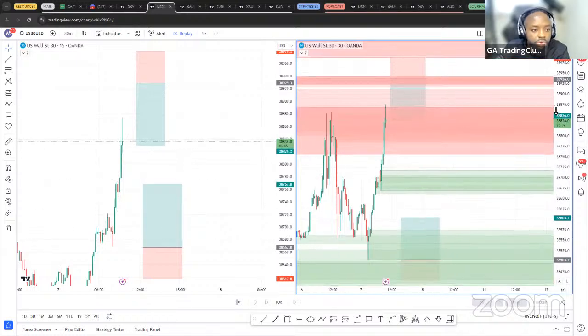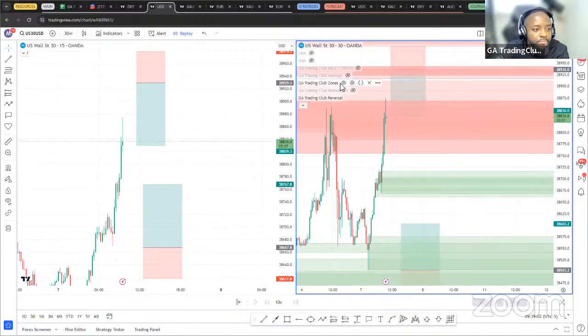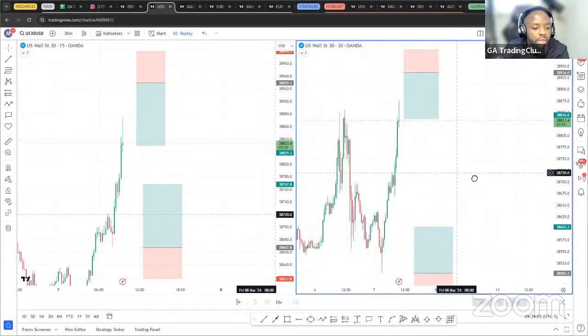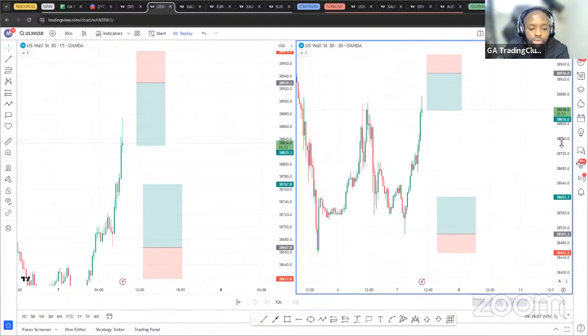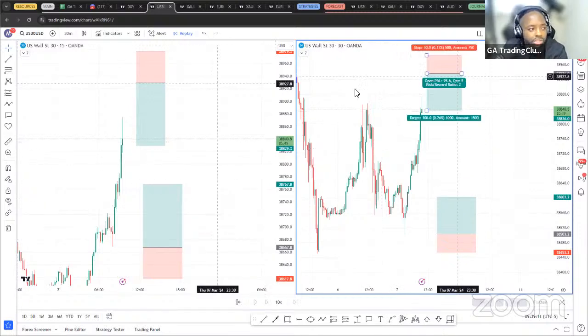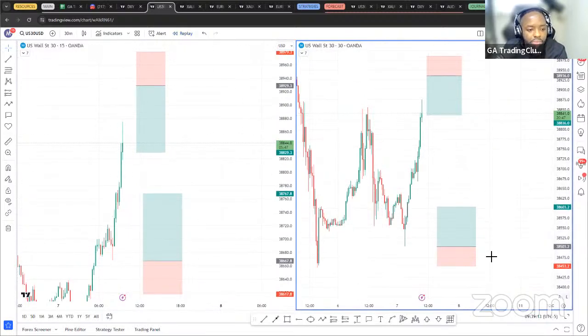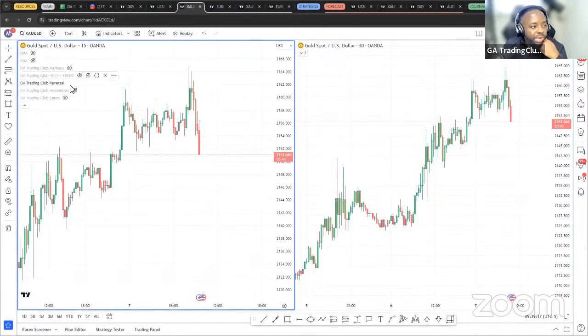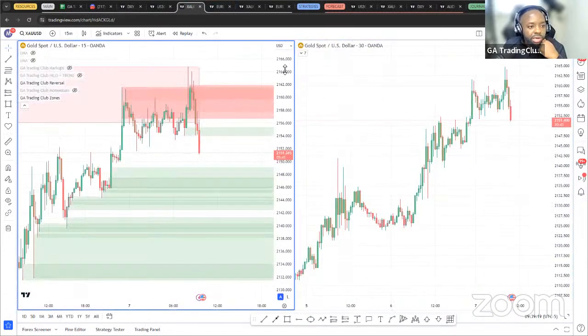And then we would just wait for price to come to these zones. If price gets to those zones, you can either enter on impulse or I'll show you how I'll be entering these trades. But the idea is to ask yourself, where is price coming from and where is price headed?